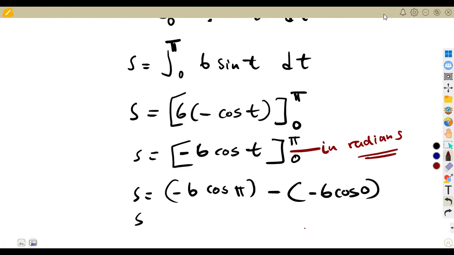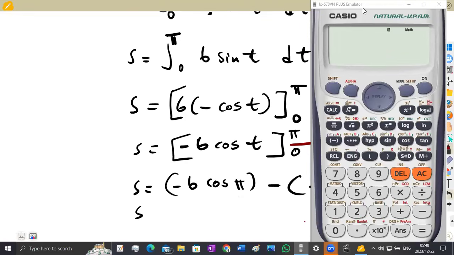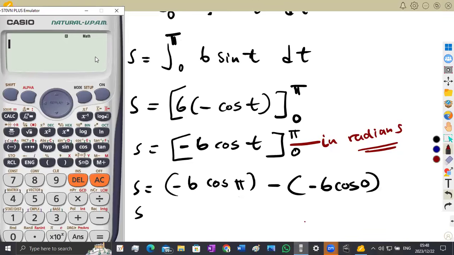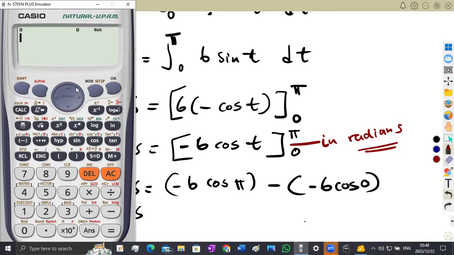Okay, so let us substitute this one. My calculator here is already in radians. Here there's R, but you have to press shift setup, then rad, which is 4, and your calculator will be in radians.